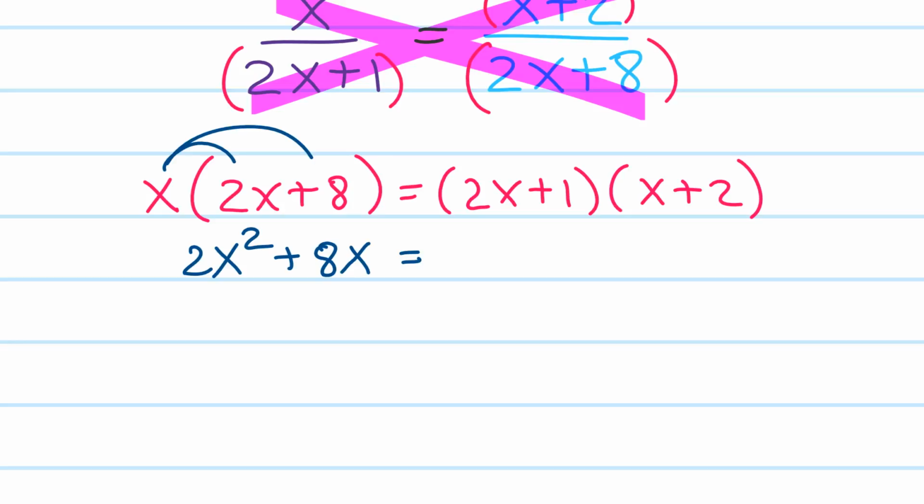Now, what do I do when I'm multiplying two terms times two terms? In algebra, this was called multiplying two factors together to get the polynomial form. There's actually three ways to do this.